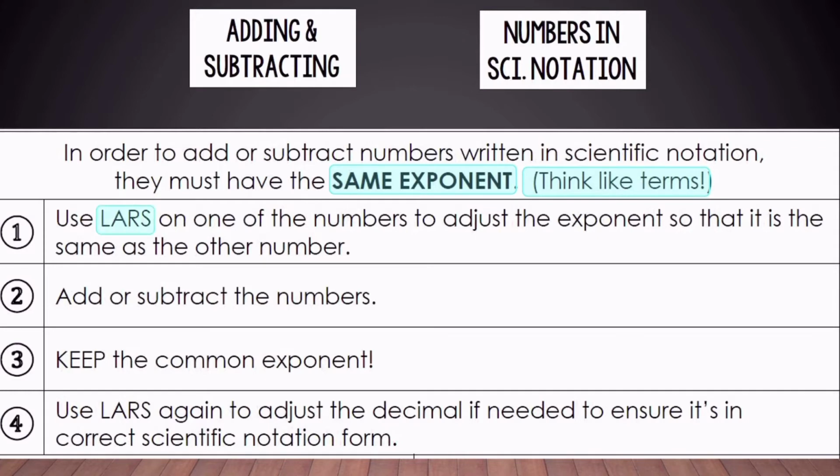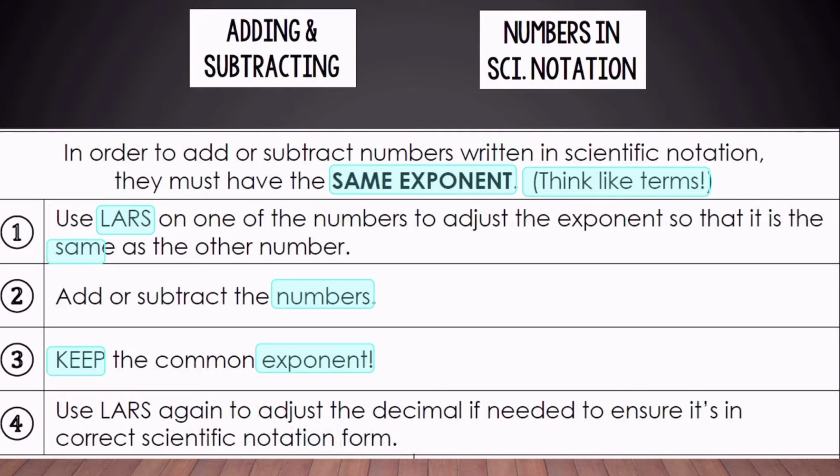So we have to use that LARS that we talked about yesterday so that we can get the exponents to be the same. How do I do this? Well, once my exponents are the same, I add or subtract just the number, and I keep my base of 10 with the same exponent.